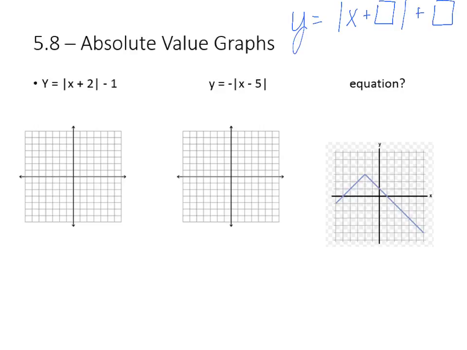All right, this number here moves your graph left or right. And you would always do the opposite sign. So since that's a plus, I'd actually move left, which seems backwards. If it's a minus sign, then I move right.